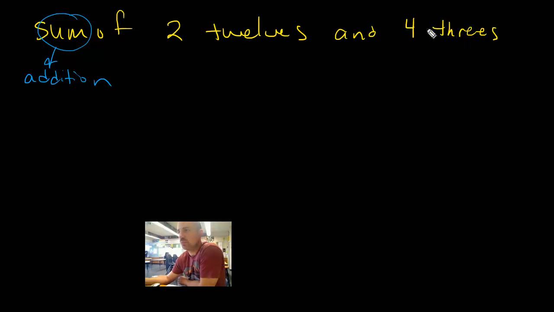And if I have 4 groups of 3, that's also 4 times 3. So what I have here is 4 times 3 right here. And over here I have two 12s, or 2 times 12. So I have those two. And I'm saying here I want the sum of this and this. And so that's why I have this first and then this, and then I'm going to add those two. And that's ultimately what I have here.